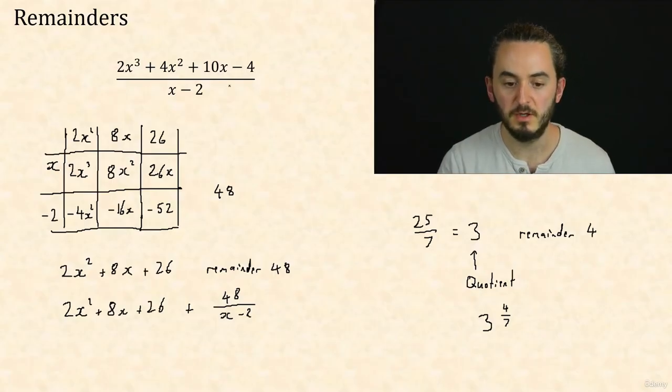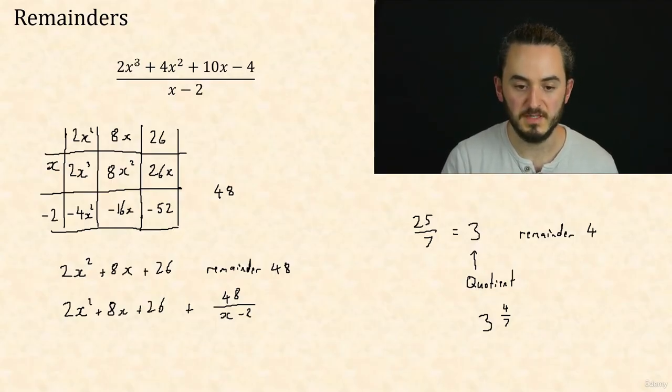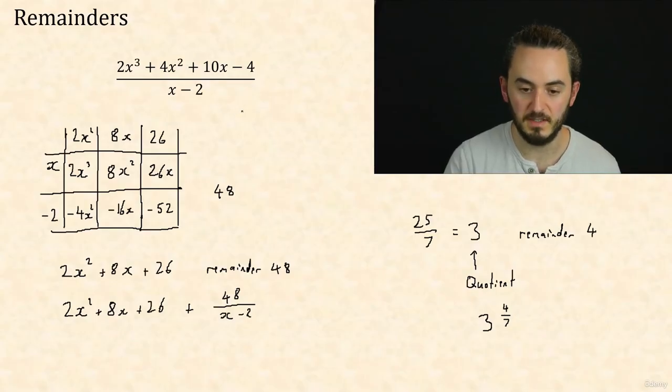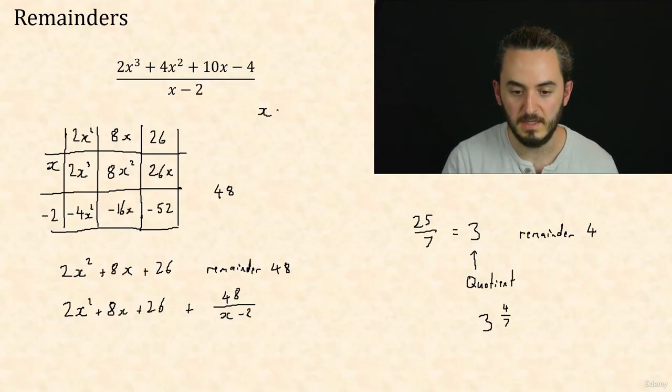If you want to know what the remainder is when you divide this cubic by x minus 2, just sub in x equals 2 into the cubic equation at the top. And the reason why you sub in x equals 2 is that you look at the thing you're dividing by and you think, what value of x would make it 0? The answer is 2.